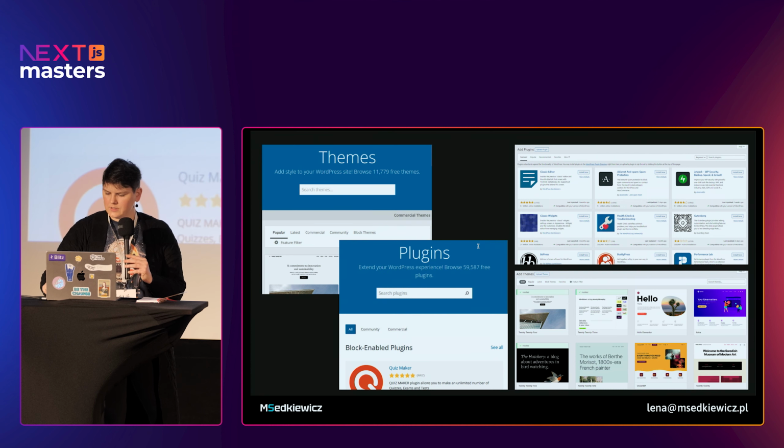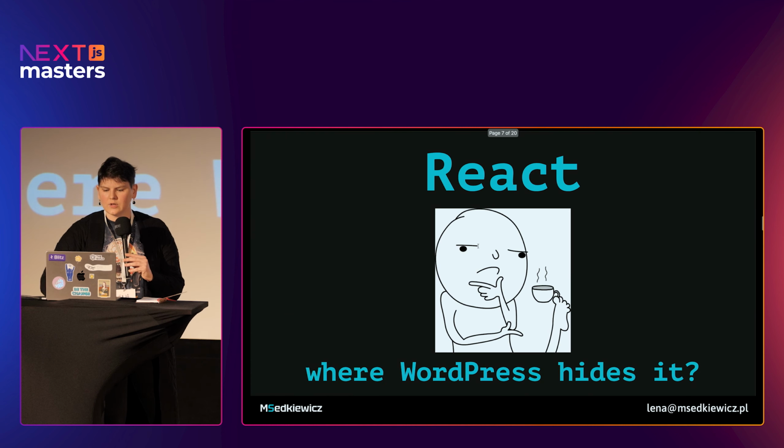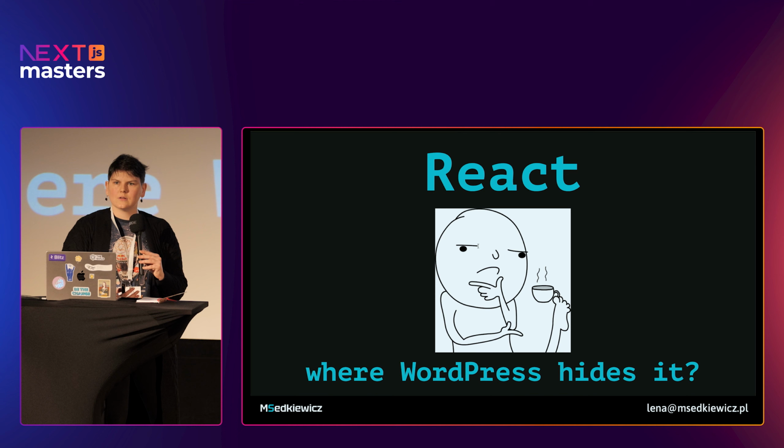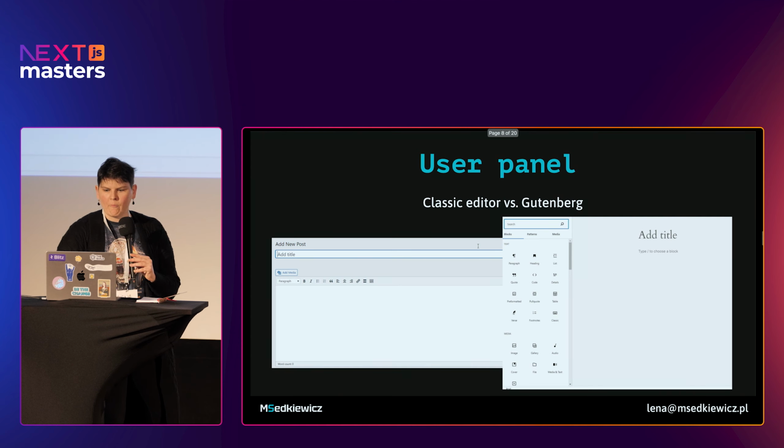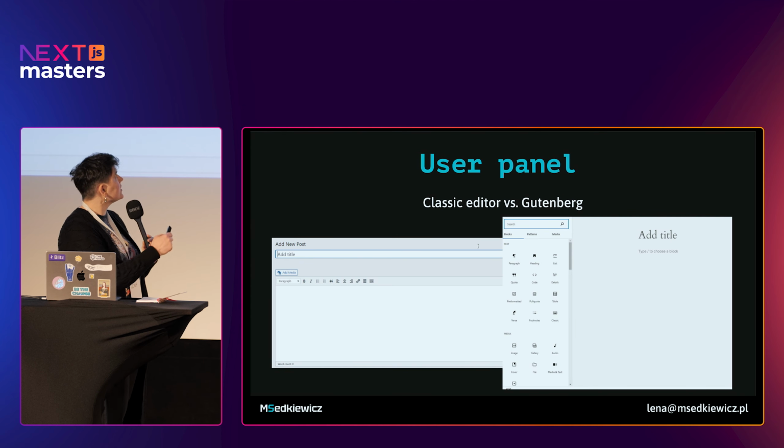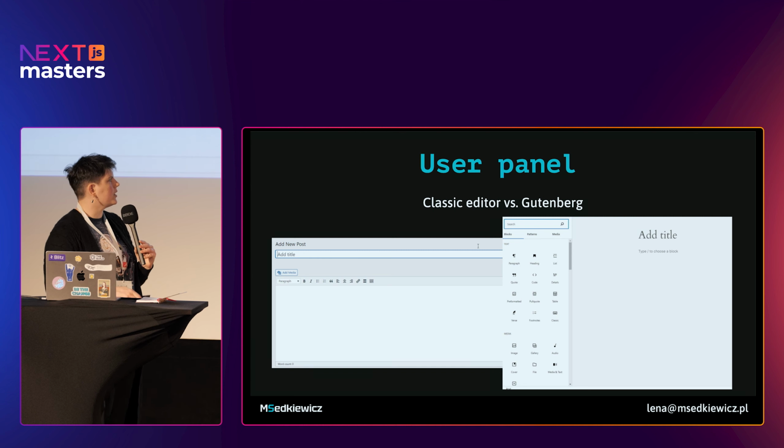Okay, so more or less this is what WordPress is all about, but where is the React? Does WordPress hide it somewhere? It turns out that yes, it does. If you open the user panel, you have this classical editor, but for the last 3 years or a bit more, you can use the Gutenberg editor.